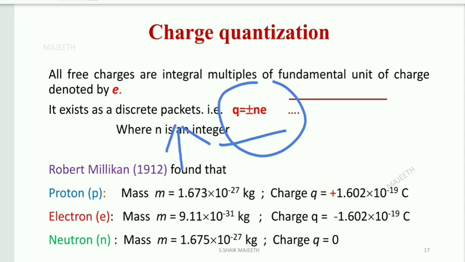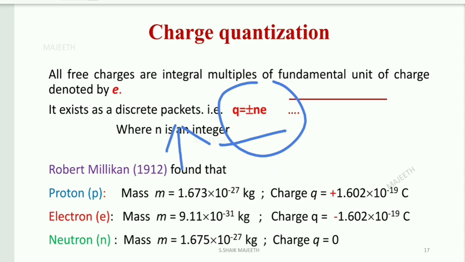For example, if you talk about 1 electron, 10 electrons or 20 electrons, you can talk about a discrete packet, that is charge quantization. Q is equal to plus or minus n e. But if you take your mobile phone, it has billions and billions of atoms and charges. There it is continuous. There you don't need to apply charge quantization.